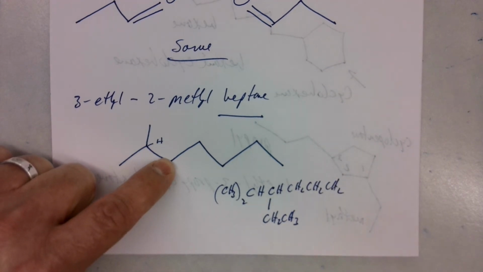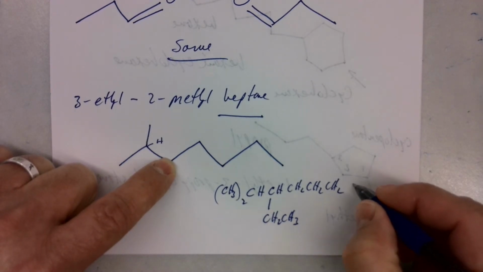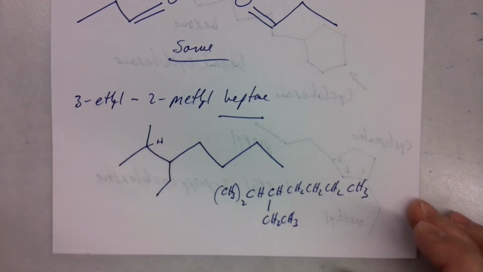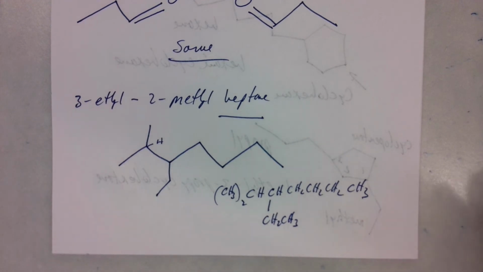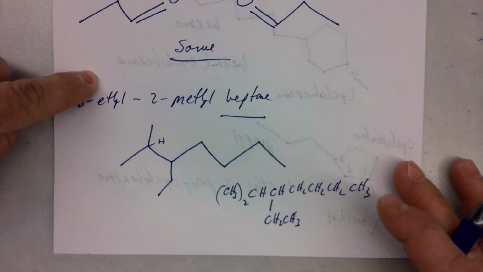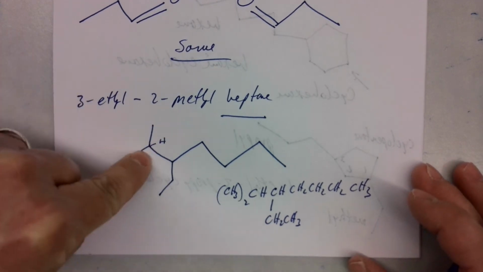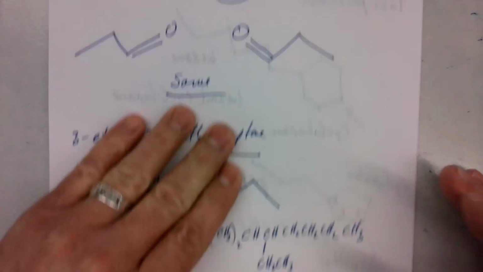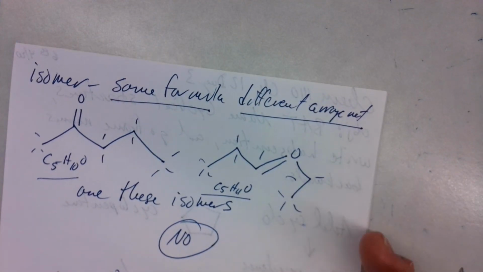Probably the easiest. What could I have done? CH2 taken 3 times, then I've got a CH3 at the end. Okay? Did you have a question, Gary, or were you just fixing your hair? Oh, okay. So they're going to ask you to do both things. Not on the same question, but ultimately you're going to have to go from a name to either a skeletal or a condensed. Okay?